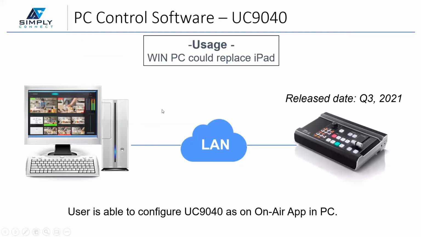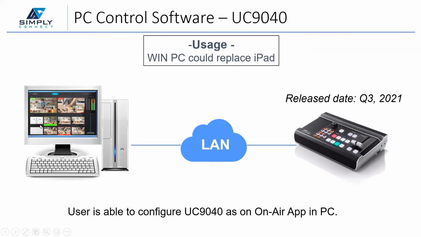Okay, and then as I mentioned, everyone has been asking for this. So the PC control is coming. It's controlled by LAN. So the PC has to be sitting on the same LAN infrastructure as the UC9040. And then subsequently, you can do the audio, video mixing, transitioning, all this using the PC.